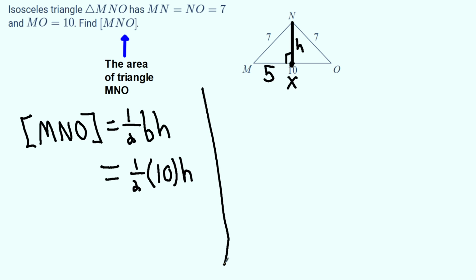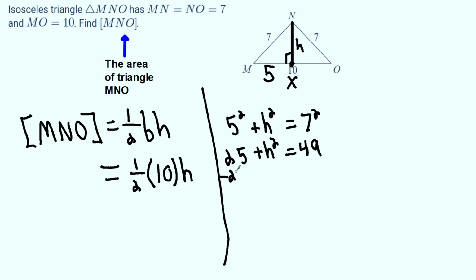Well, if I set up the Pythagorean theorem correctly, I have my two legs, which is 5 squared plus h squared. I'll set that equal to 7 squared. 5 squared is 25, plus h squared equals 49.